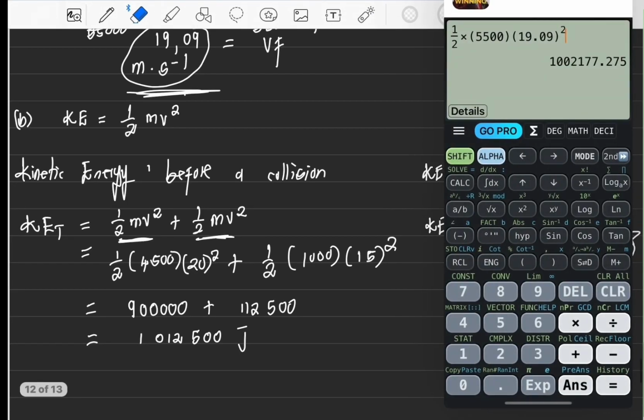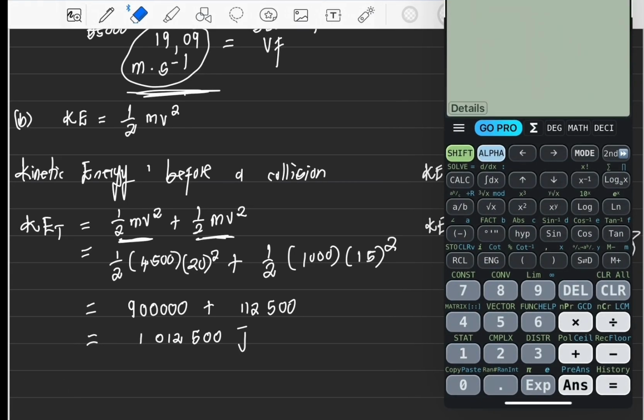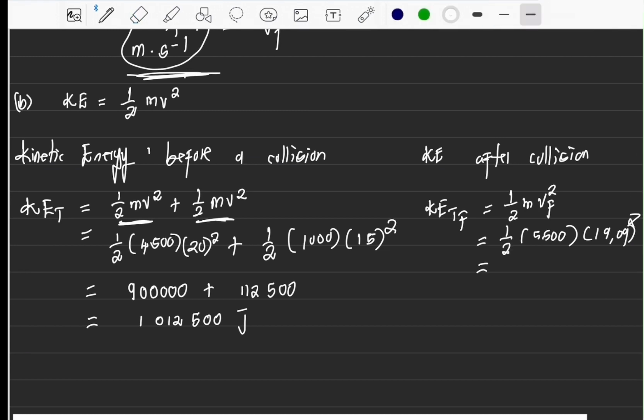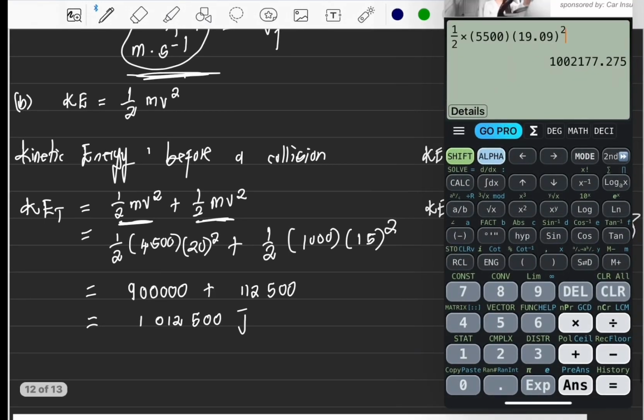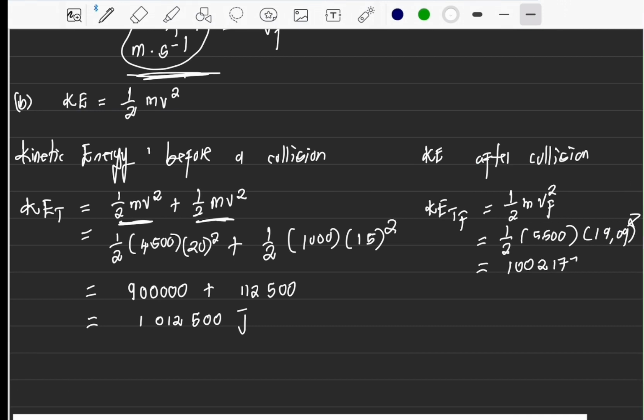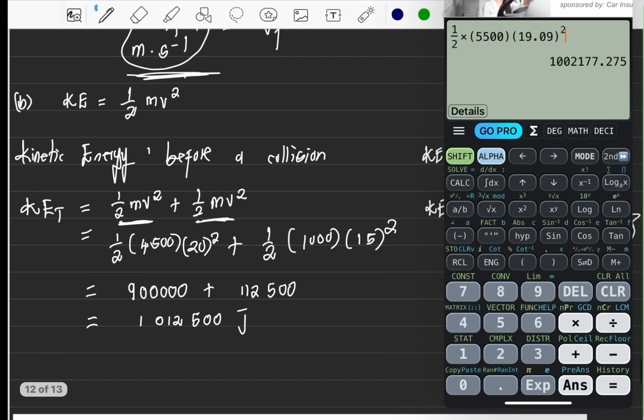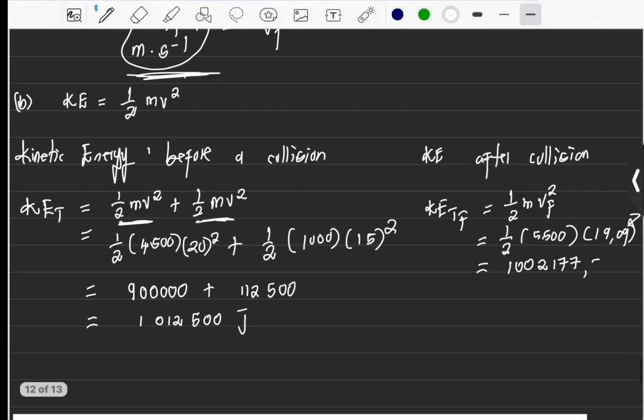Then we go ahead and use our calculator. We are going to have 1 over 2 multiplied by 5,500 multiplied by 19.09 all squared, which is equal to 100,217,177.28.